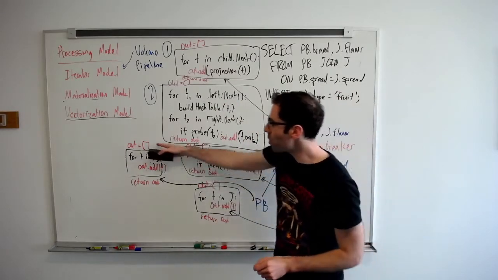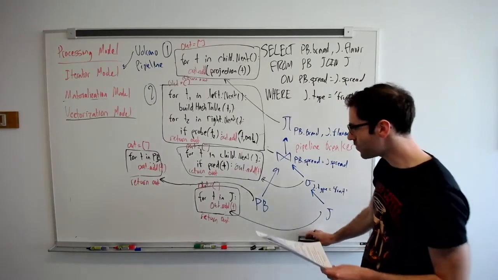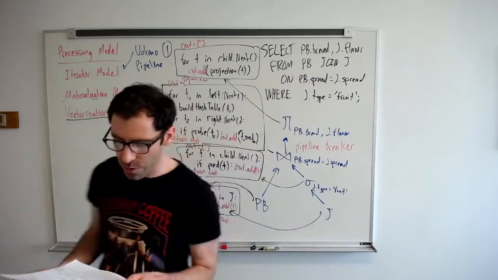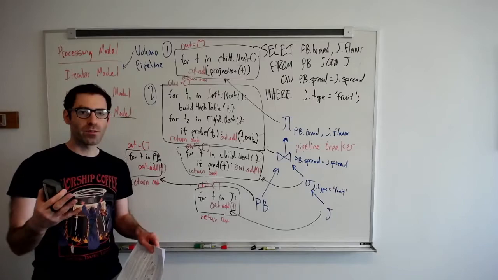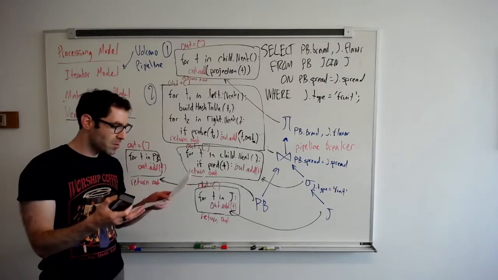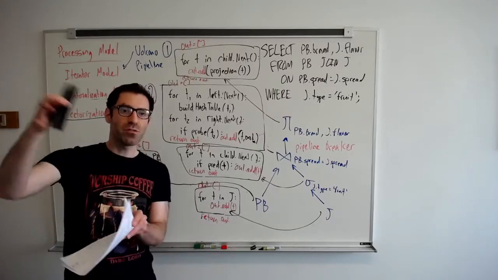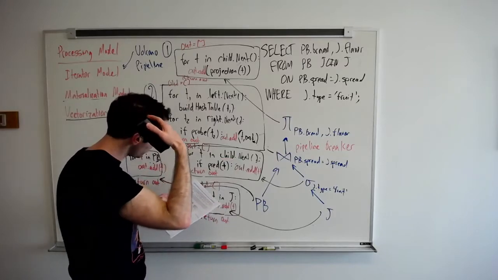So we still have an output buffer in each of our query nodes, but it will have some relatively small limit, and once it fills up to that limit, we return that batch of tuples as the return value for that call to next.